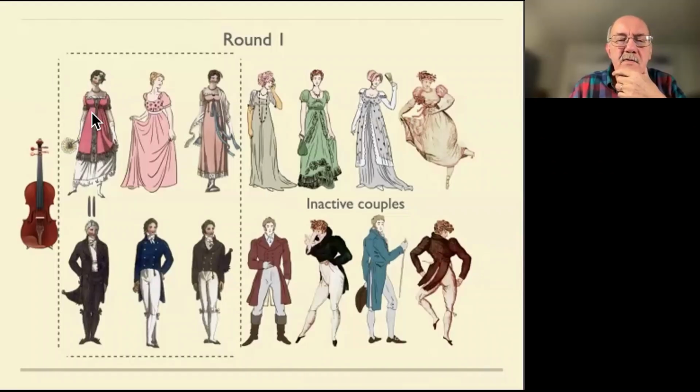Typically, this woman right here, the person of highest social standing, would decide on some figures, would converse with the master of ceremonies, who would in turn converse with the musicians and say, these are the figures that I'd like to dance. And they'd make sure that those figures would work with the music. So these 3 couples would dance, and everyone else is standing and watching and learning the dance.